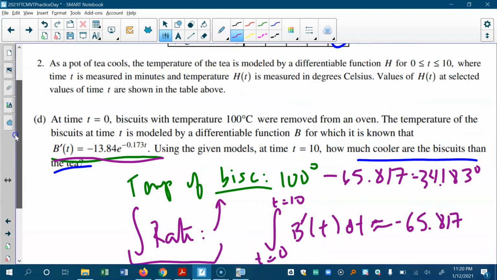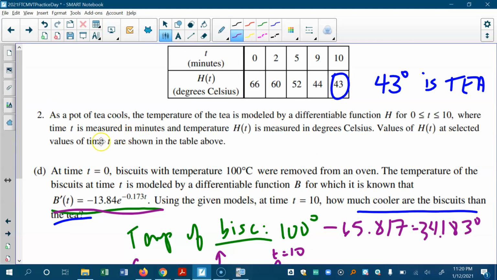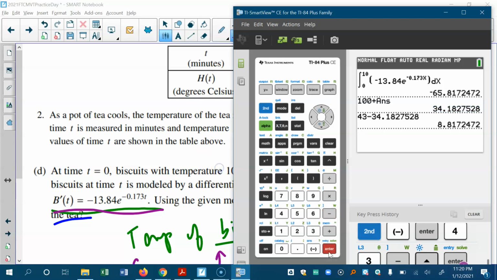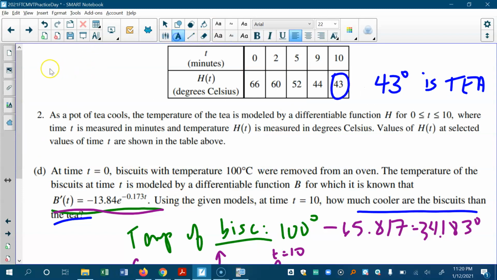So now, how much cooler are the biscuits than the tea? We need to do one more thing. We need to do 43 minus this value. So now I'm going to do 43 minus that answer here. And that means the biscuits are 8.817 degrees cooler. Biscuits are 8.817 degrees cooler.